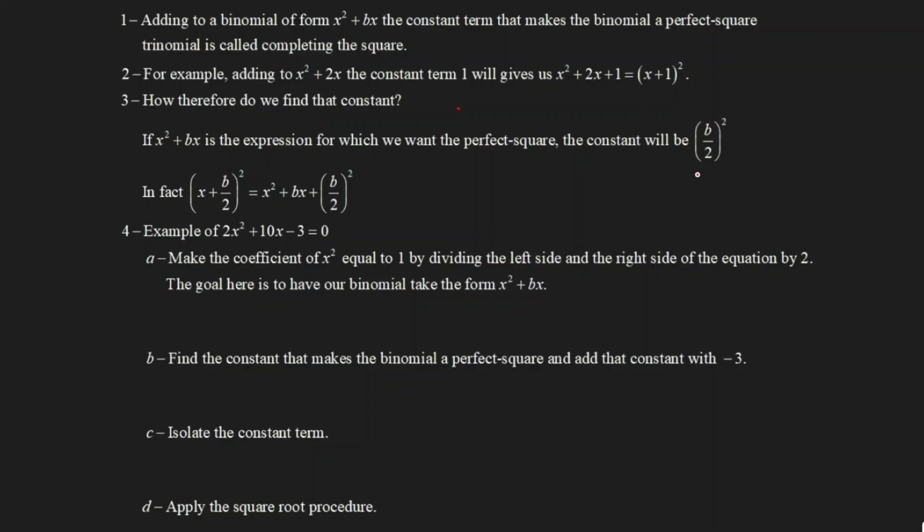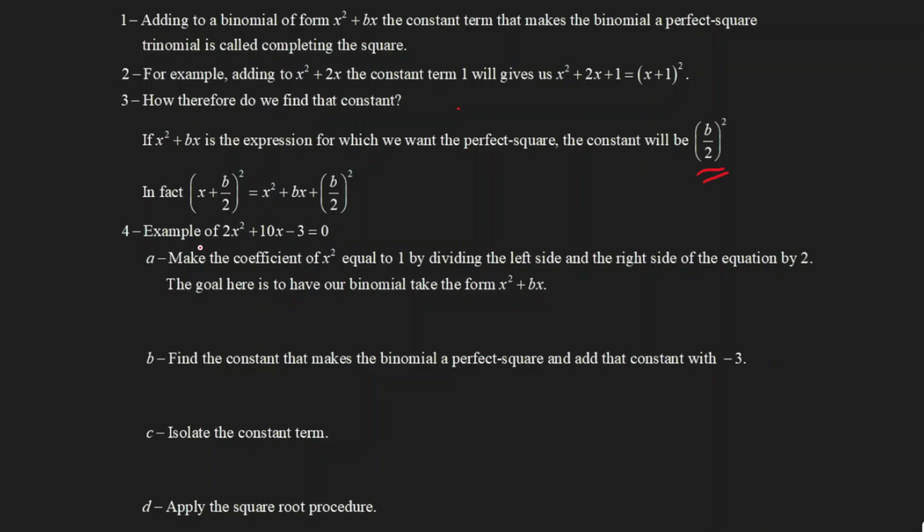So that's the constant we're trying to find. In fact, when you have x plus b divided by 2, all squared, if we develop this, we have x squared plus bx plus b divided by 2 all squared. That's actually what we want.